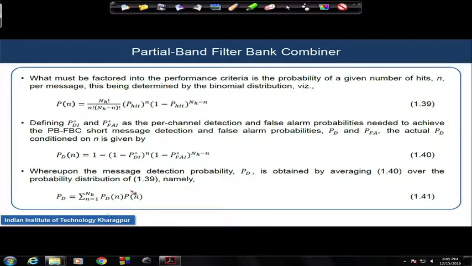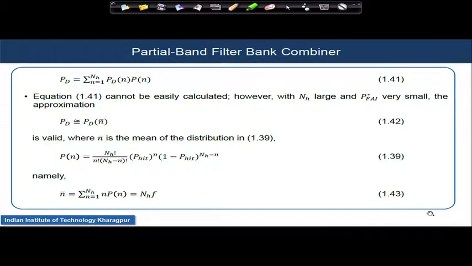So now we can redefine the total detection probability, given that value n, as expression 1.40. And now the total detection probability, if this is the distribution also added with the detection probability, will be PDn multiplied by the Pn, going by the equation of probability of detection.